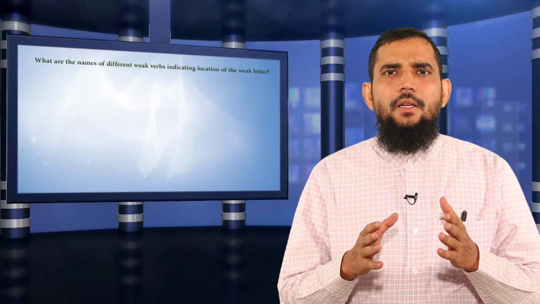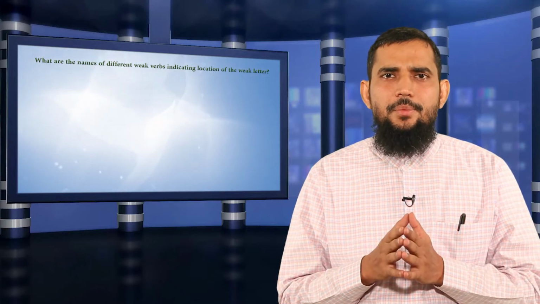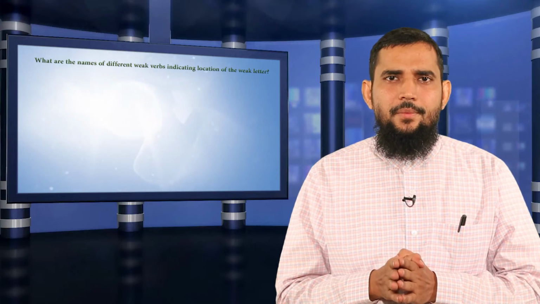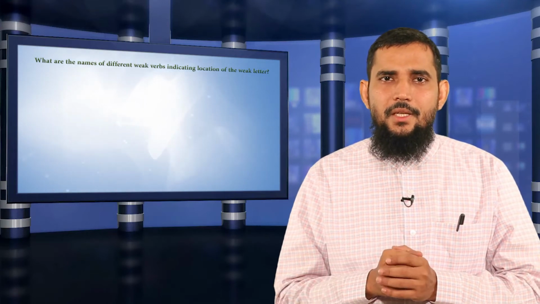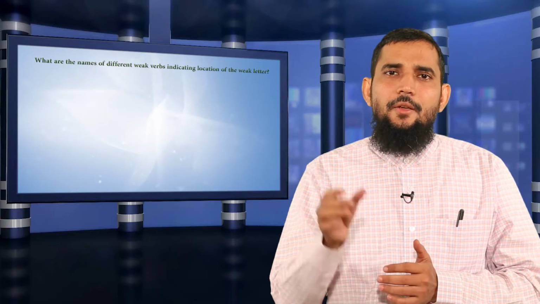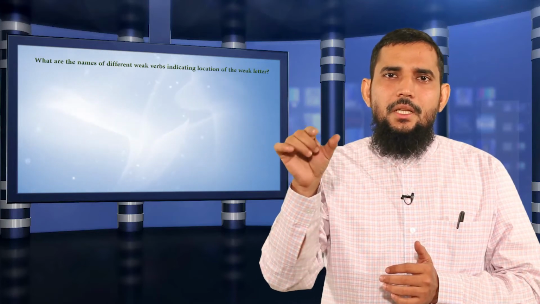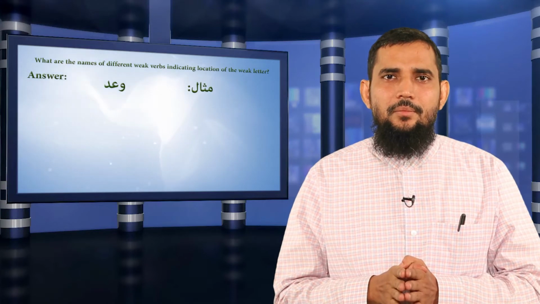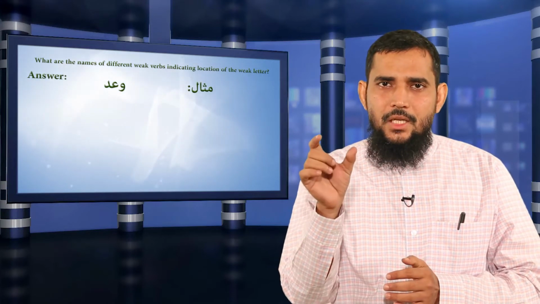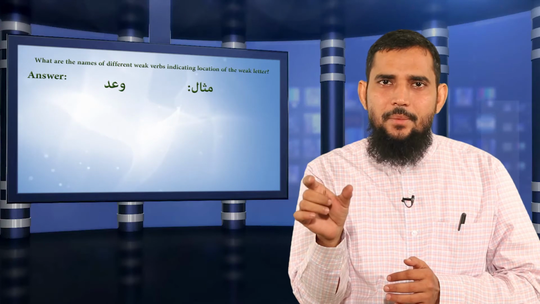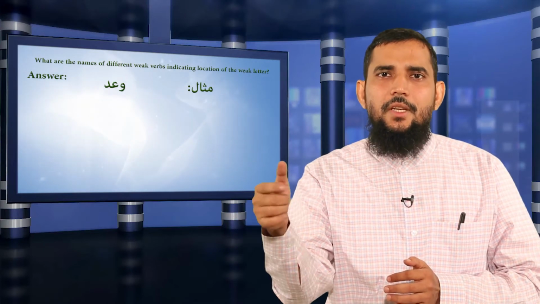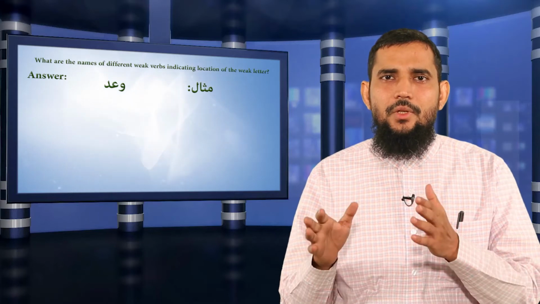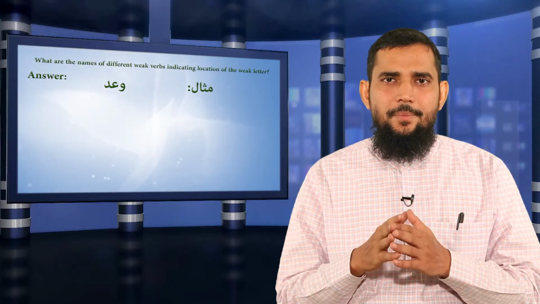Now I'll move to another very important feature of Arabic weak verbs. What are the different names of different weak verbs indicating location of the weak letter? Is there any name? Yes, there is a name. If a weak letter comes in the beginning, or we can say if the first radical is a weak letter, we will call that verb mithal.